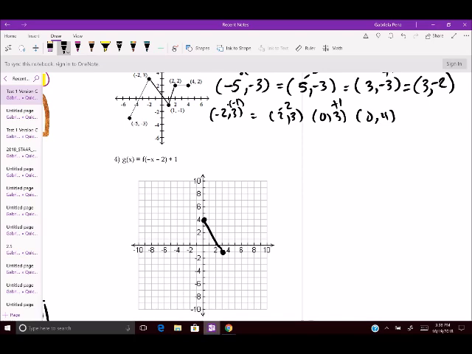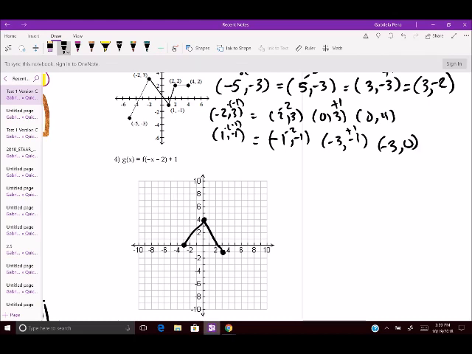Then 1, -1, multiplied by a -1, which gives us -1, -1. Subtract 2, which gives us -3, -1. Add 1, which gives us -3, 0. So then it's right there.